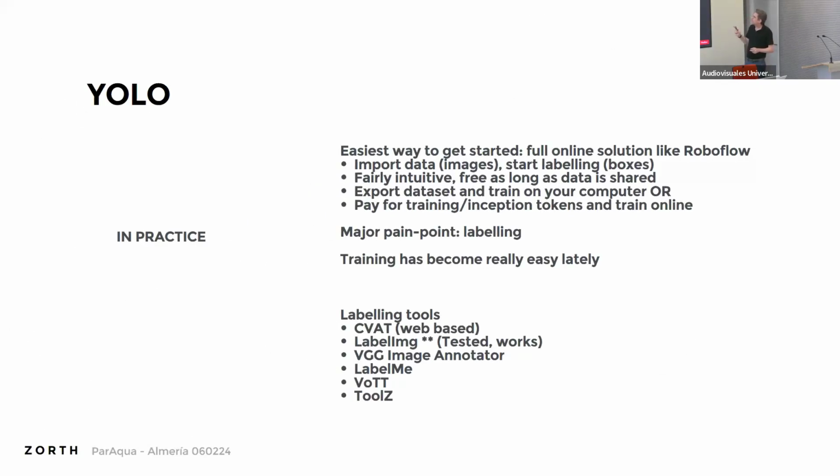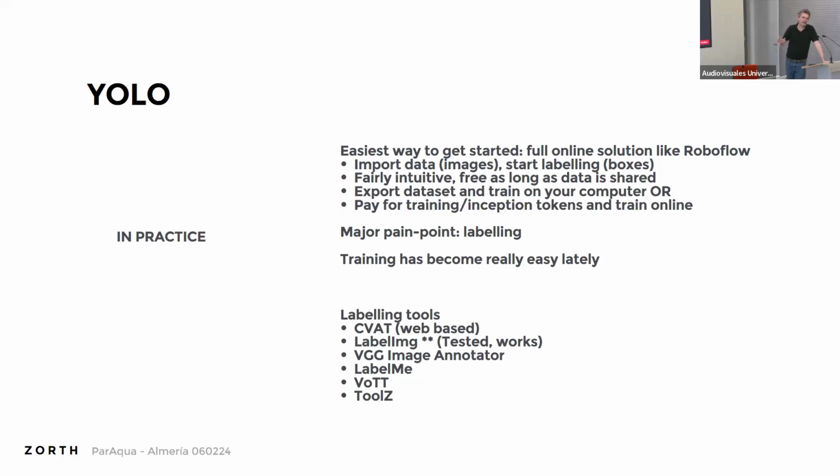Okay, I won't spend much time on this. You can find this in the notes. The easiest way to get started, if you want to build a model, is to use one of these online tools like RoboFlow. Particularly if you're in academia, it should be free, provided that you share your data, right?